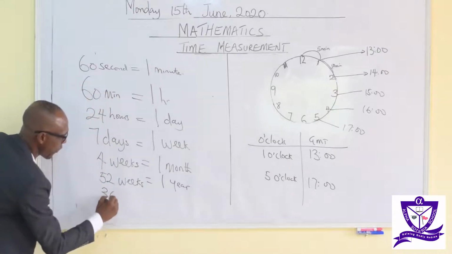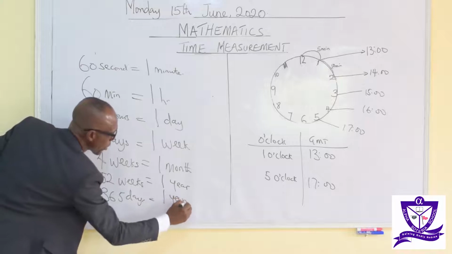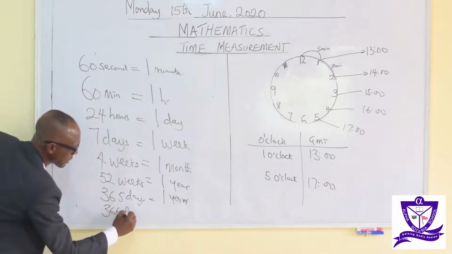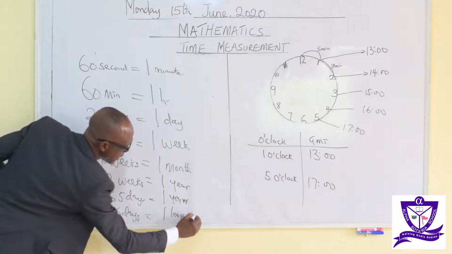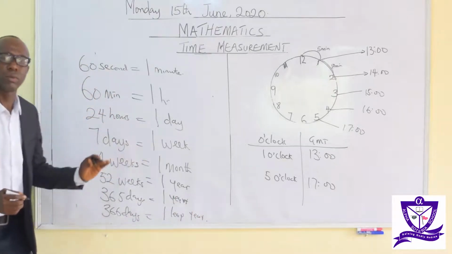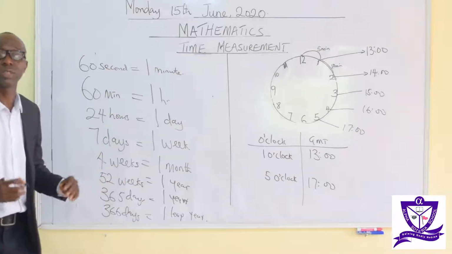Now 365 days make 1 year. 366 days is equal to 1 leap year. I will explain in a short moment. From here we move on to decade, century, millennium, and so on and so forth.